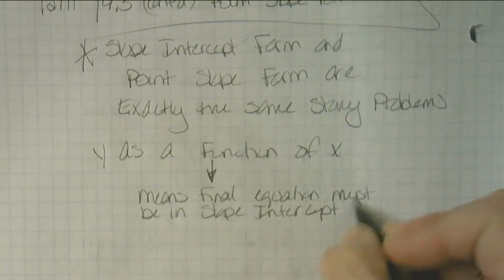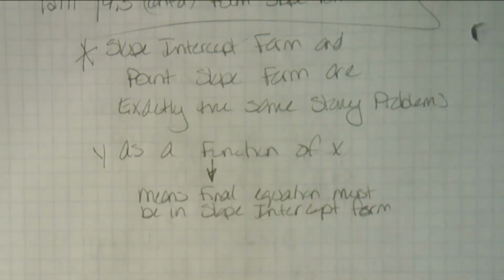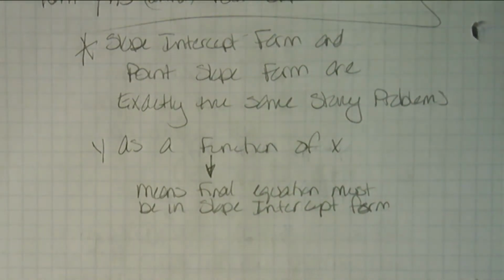Each year I try to decide one way or the other if I want to teach you point slope, because point slope is not really necessary. It's an easy form to write if you're just given a random point. If you're looking at a problem and you really don't care what form it's in, point slope is easy.